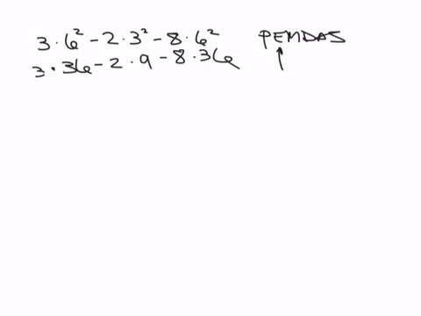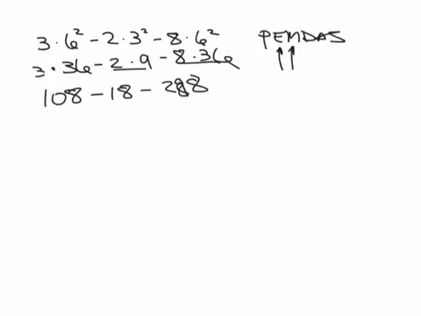And next step is multiplication. 3 times 36. Oh gosh, what is that? 108. Minus 2 times 9 is 18. Minus 8 times 36 is 298, I think. 244.